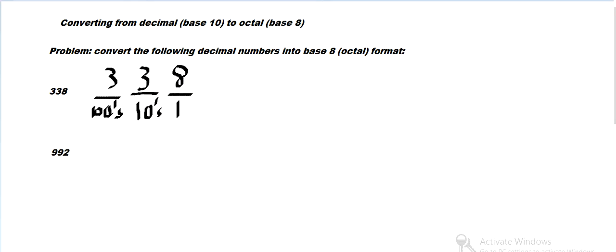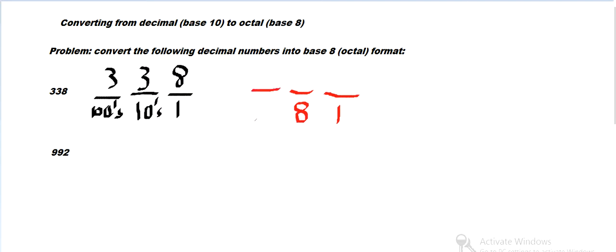And we're converting that into base 8. In base 8, the final digit represents units as before, but instead of multiplying by 10, we multiply by 8.